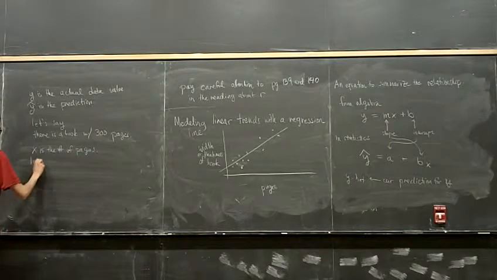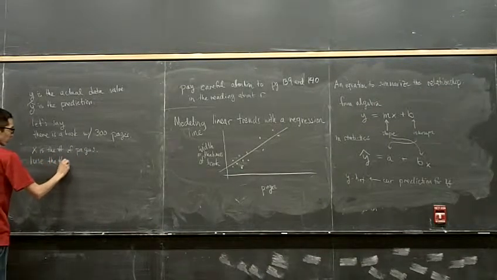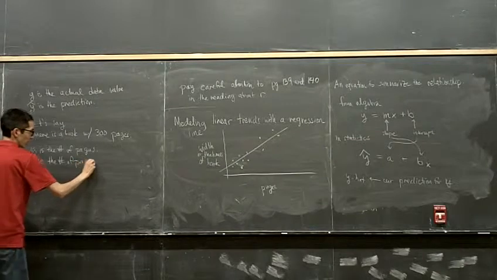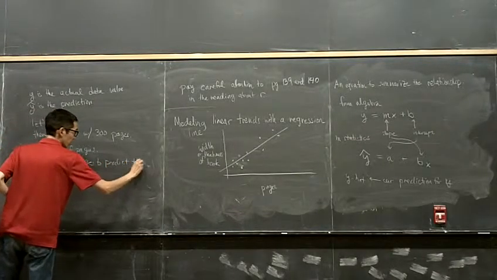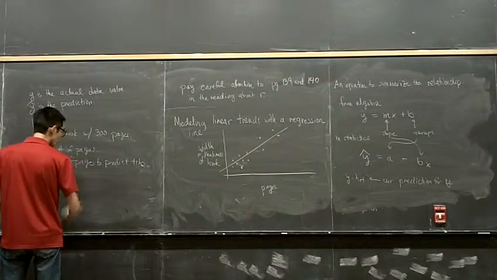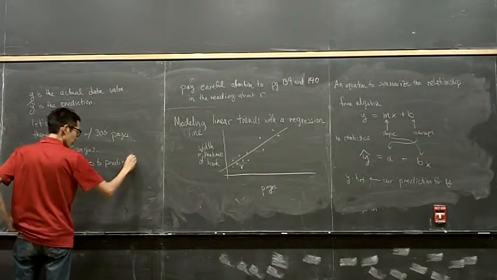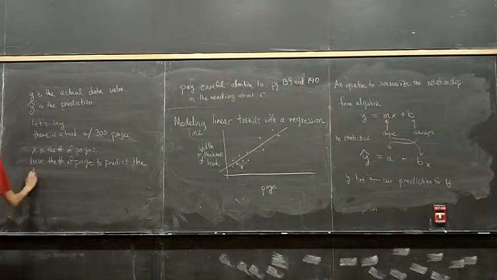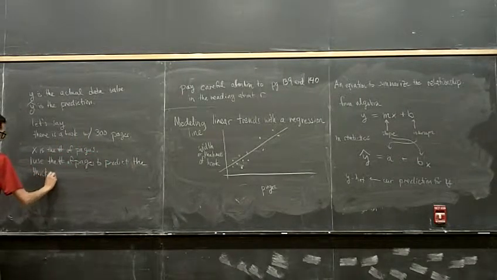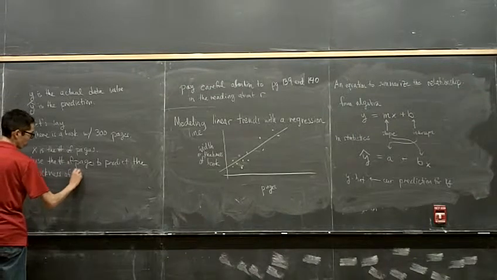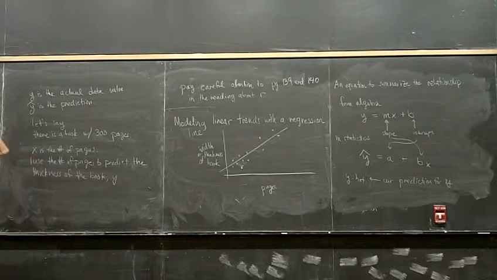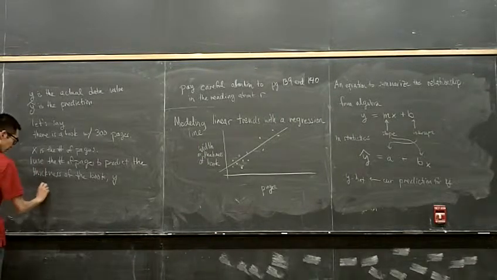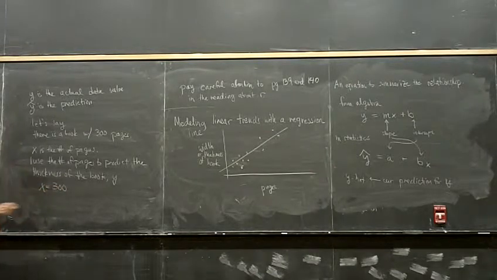I use the number of pages to predict the thickness of the book, which is y. So here I have x equal to 300.